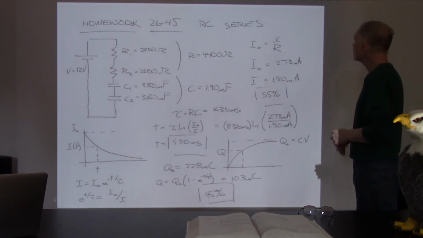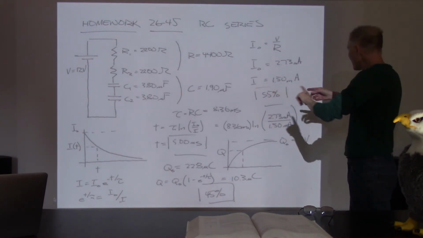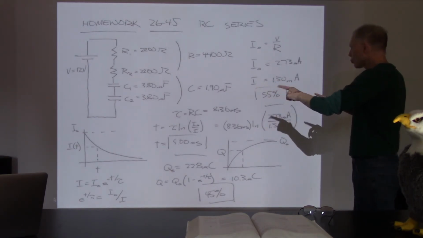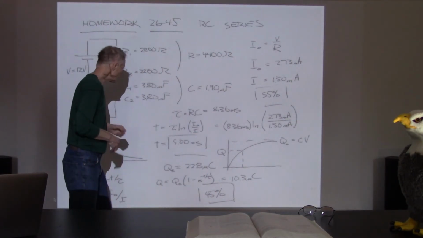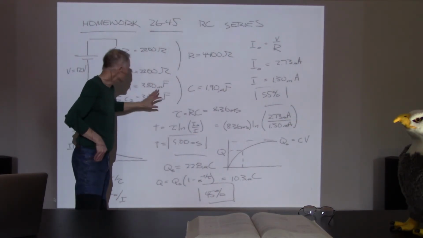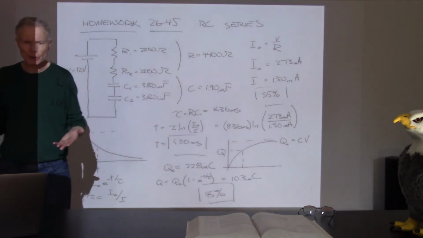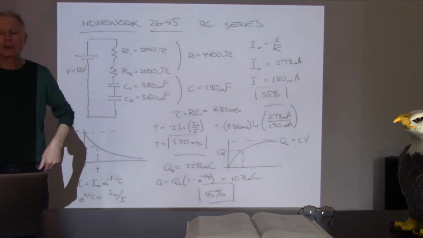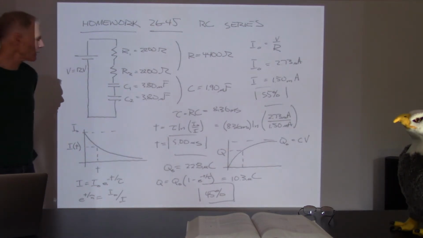Now, whenever I'm looking at an RC circuit like this, I'm thinking current and charge. What's happening to each one? What we could do is ask ourselves for this setup, what would be the full charge? If I have a battery with 12 volts, how much charge eventually will be on this capacitor?